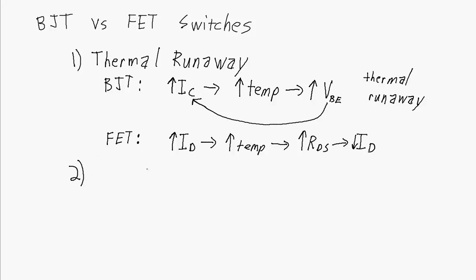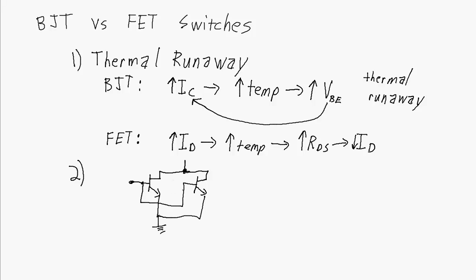The second thing that's related to this thermal runaway is that FETs can be placed in parallel more easily. Let's say we've got these two BJTs in parallel. Both of these BJTs are acting as switches. The base of both of them is connected to the control circuitry, the emitter is connected to ground, and the two collectors are connected to the load.